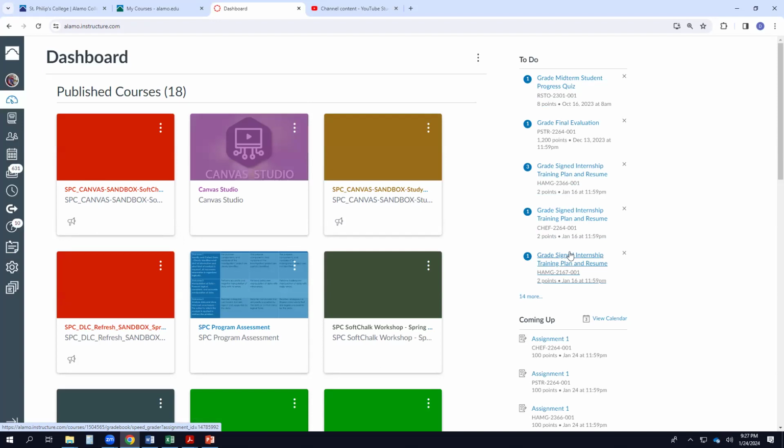So that way you don't come to my class and start working on this when you have another class that something's due earlier. So the dashboard in Canvas is a great tool to help you prioritize your time based on all of your classes. For me, it's everything I have to grade, but for you, it'll be all of your classes. The last thing is you can also click your calendar.